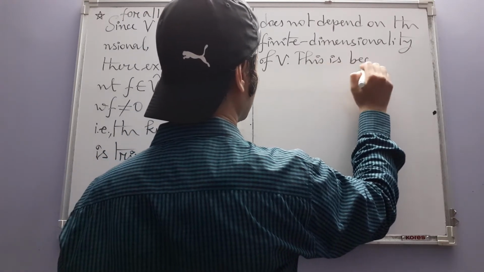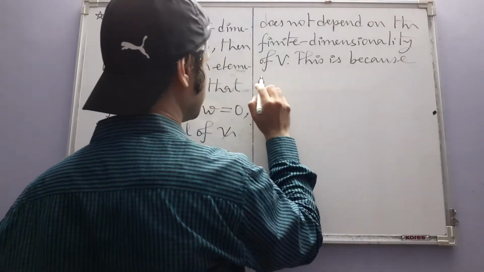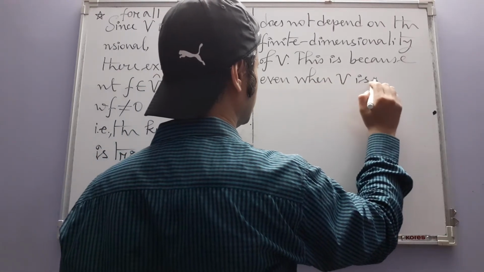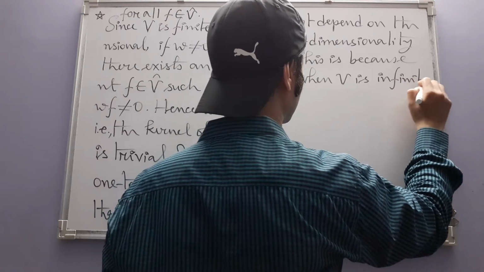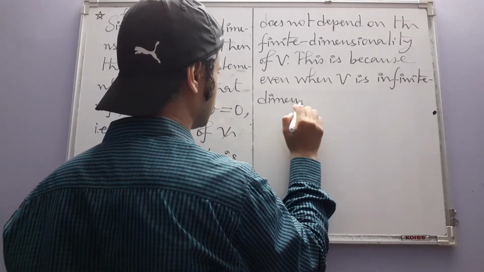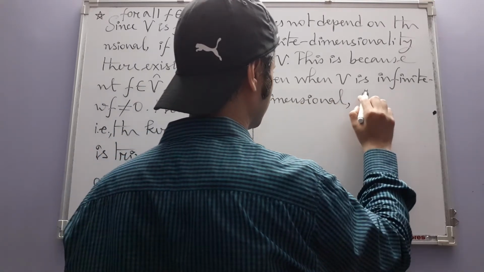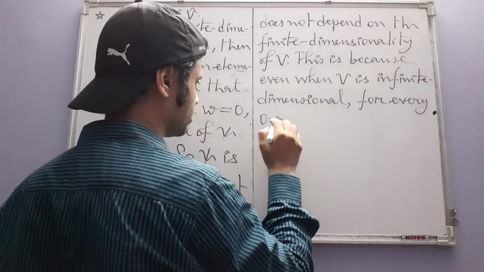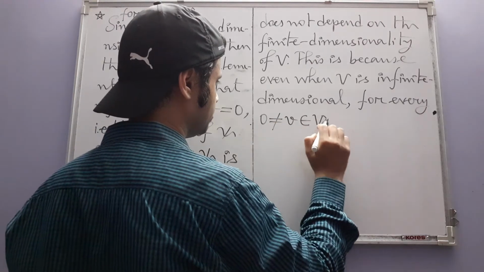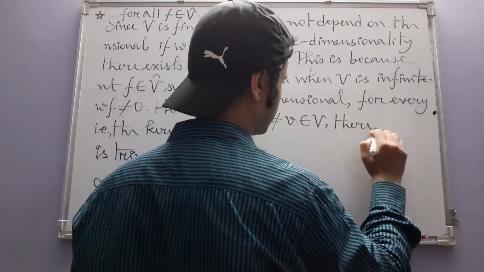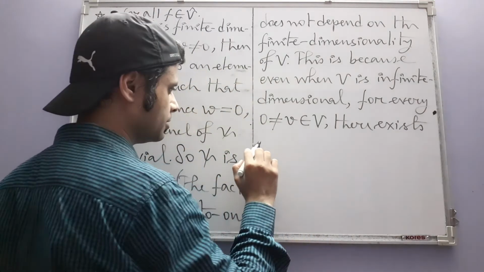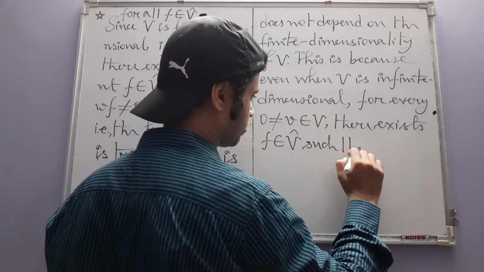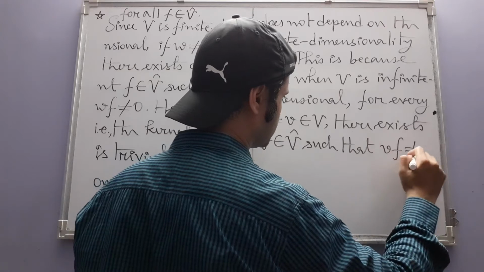This is because, let us also write the reason. This is because even when V is infinite dimensional, for every vector V in V, there exists a linear functional such that this is not equal to 0.